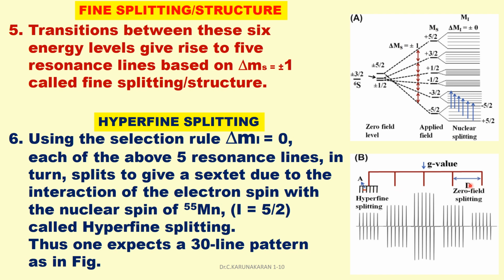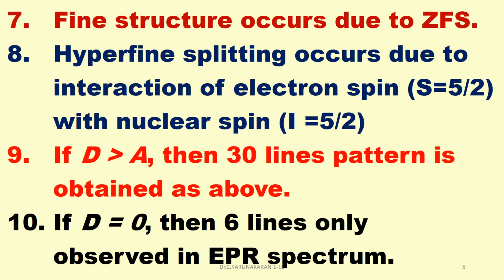Suppose D equal to 0, then only 6 lines are observed. So overall, the fine structure, fine splitting occurs mainly due to zero field splitting.